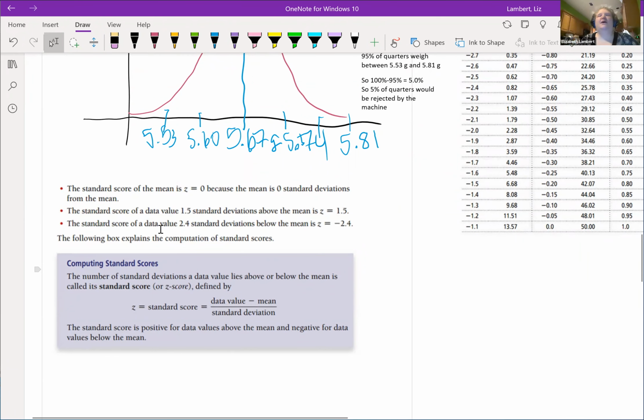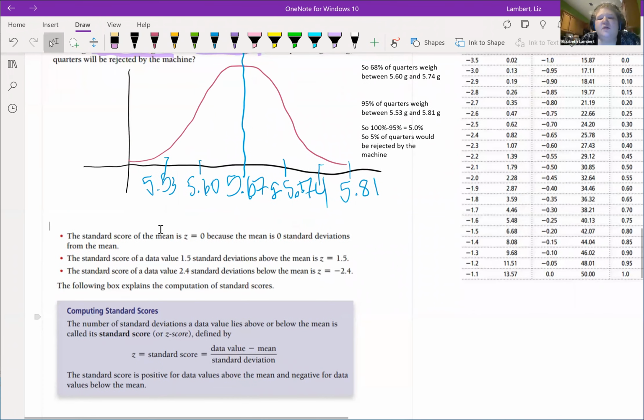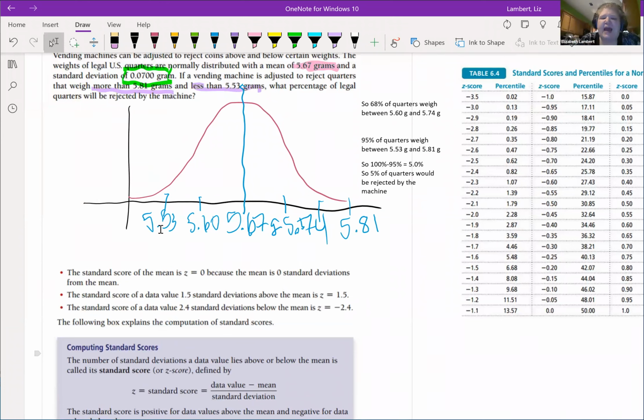All right. So looking at these particular benchmarks that we've seen, the 1 standard deviation up and down, 2 standard deviations up and down, we know those numbers. But what if my number is in between? You know, what if it's 1.5 standard deviations? And I can figure out what that is for this distribution.